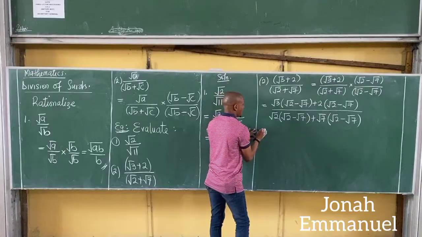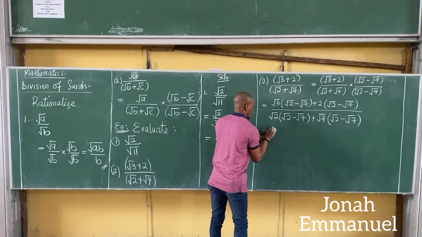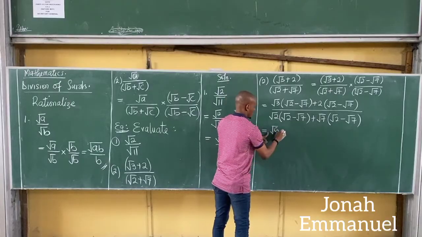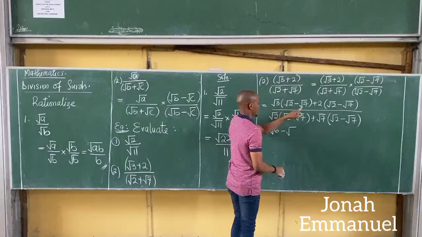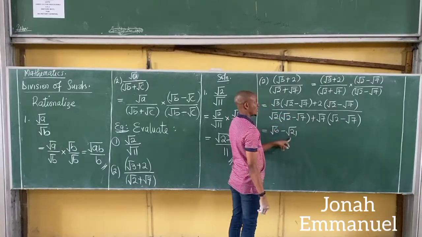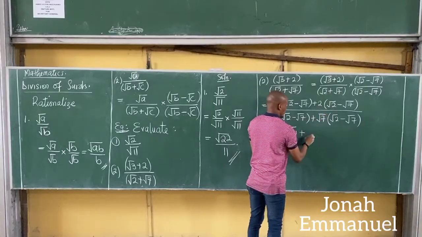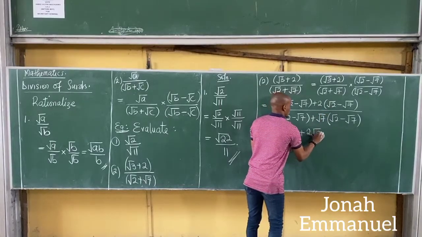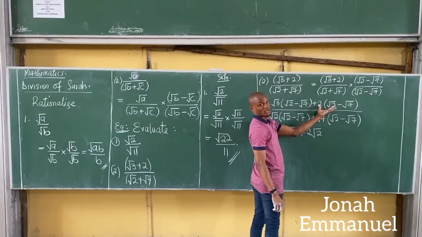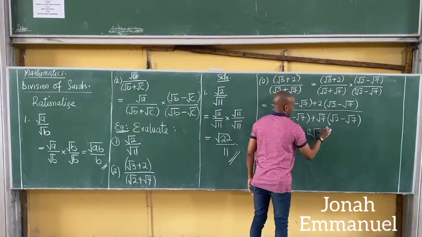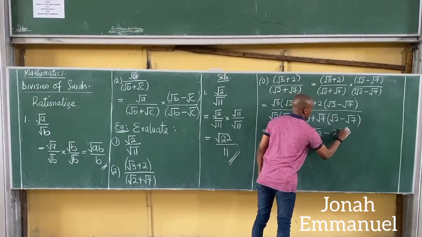Expand this one after the other. Root 3 times root 2 gives you what there? Root 6, minus square root of 3 times 7, root 21. Plus 2 times root 2 gives you 2 root 2. This one will not multiply this. Why? They are not like surds. Next one, plus times minus, minus 2 times root 7, 2 root 7.